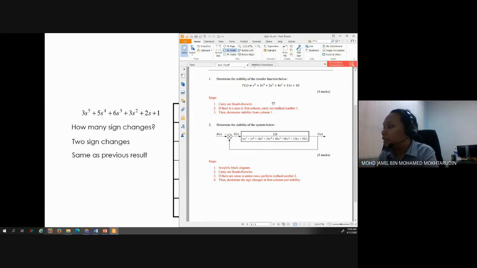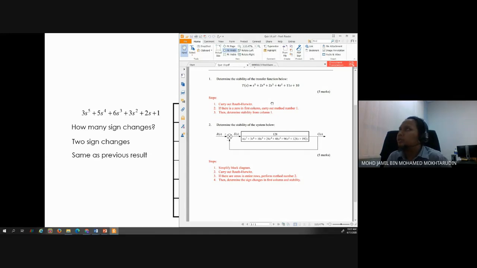If you have 0 in the first column, then you can choose to do the alternative method or the epsilon method, and then after that you can determine whether there are sign changes or not. Routh Hurwitz criteria is important for the subsequent chapter, I think chapter 4.